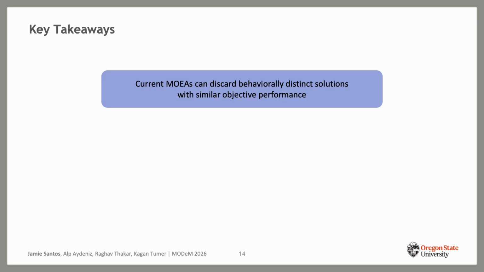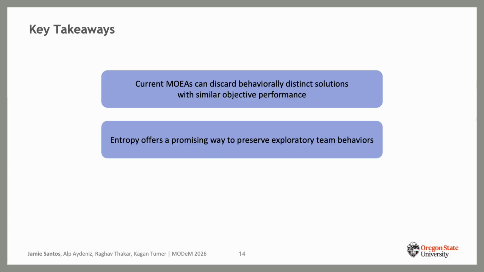Finally, here are the key takeaways. Current implementations of MOVAs evaluate solutions in objective space and can therefore discard behaviorally distinct solutions with similar objective performance. Entropy is a promising behavioral metric for preserving exploratory team behaviors when spatial exploration and dispersion are useful.